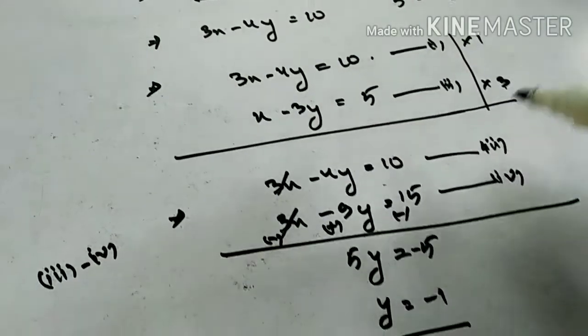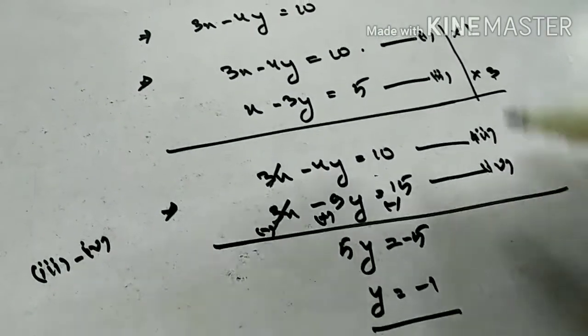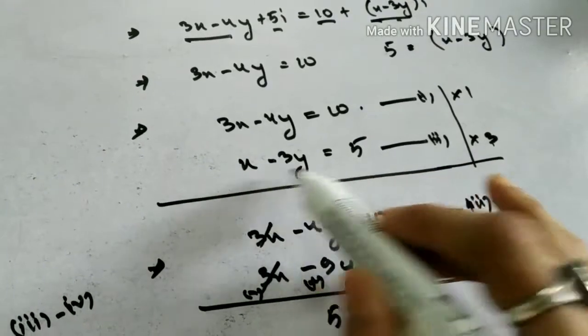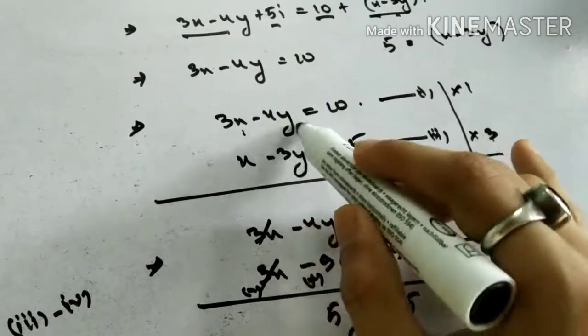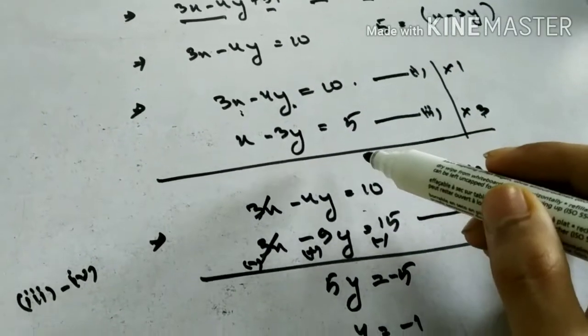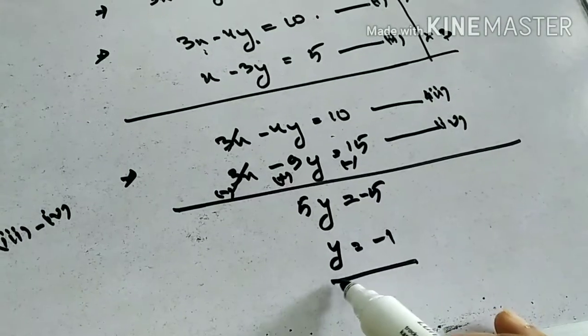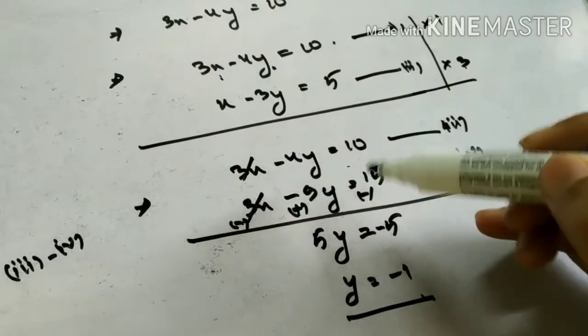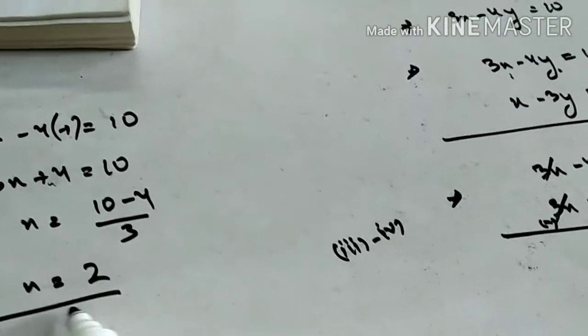Okay, you will get this in your general classes, this is how to do it. You remember, any one of the variables x and y I will have to eliminate, and from that I will get the value of one variable, and this value I will have to put in any one of the equations, and find the value of the other variable.